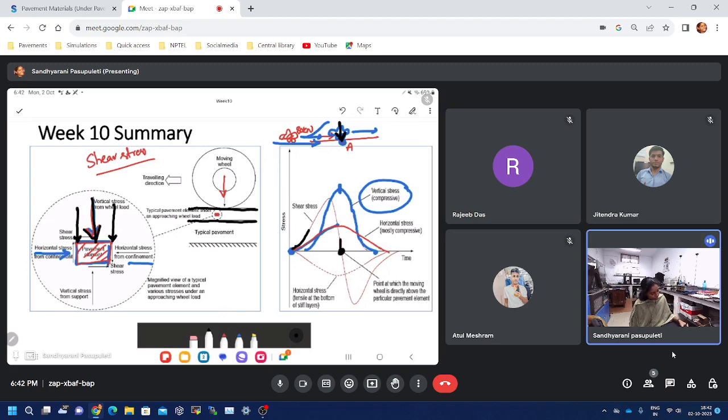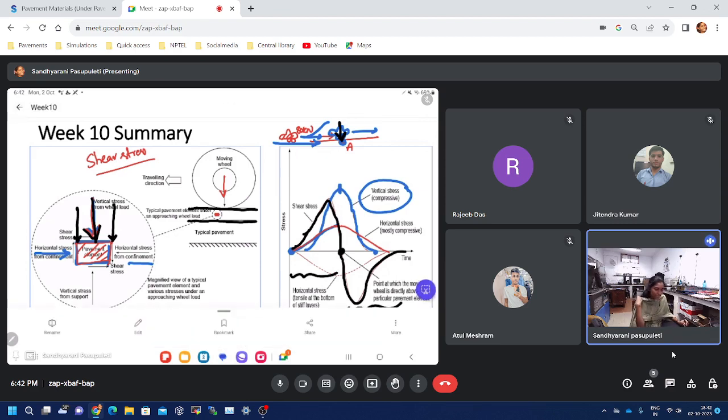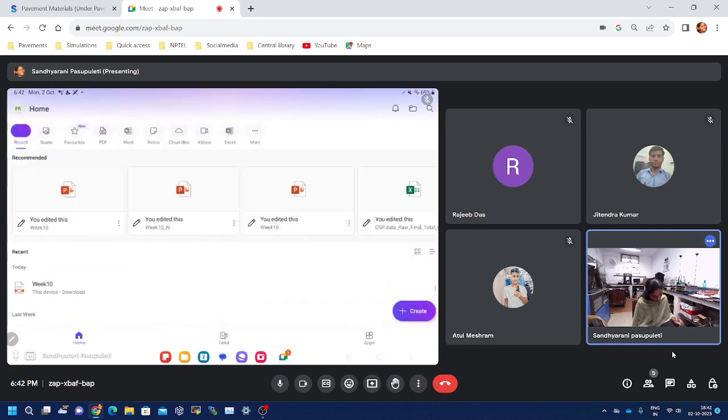If you move away from that, you can see there will be a shear stress, and if you move away on the other side also, there will be a shear stress. When it is coming towards, it will be compressive. When it is leaving, it will be tensile. So these are the three main stresses on a pavement element at the bottom of any kind of pavement.